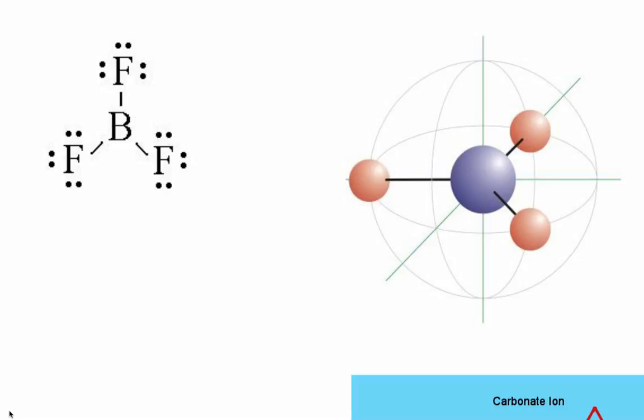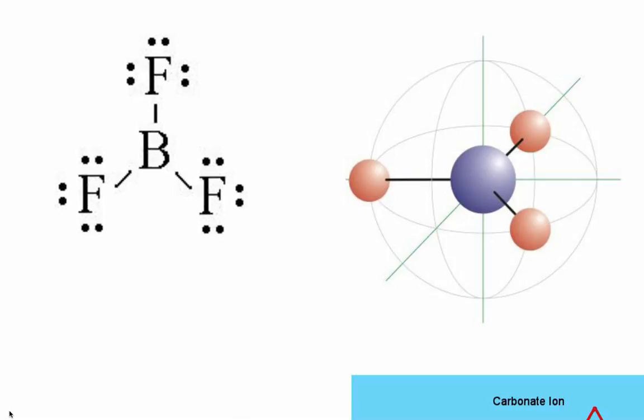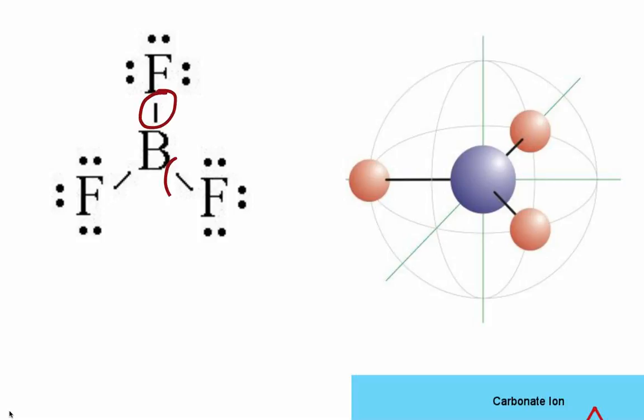Now, if we add another atom to that central atom, and again, this is another exception to the octet rule, but it's good to look at some of these when we're starting with shapes. So now we have boron trifluoride. And again, one, two, three shared pairs, or what we might call three negative charge centers.